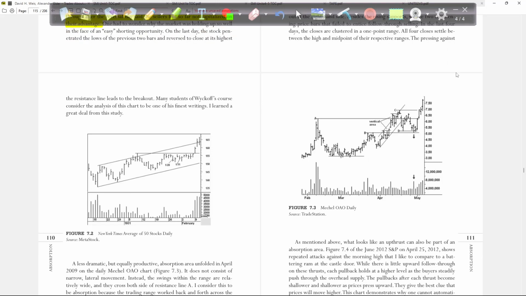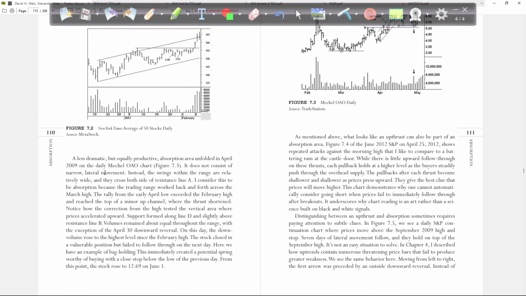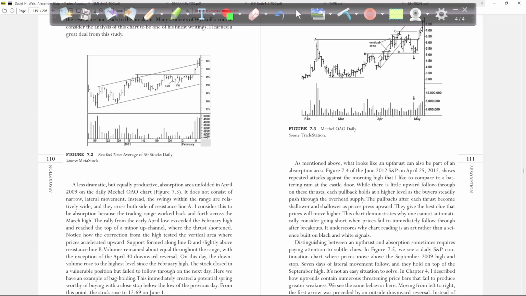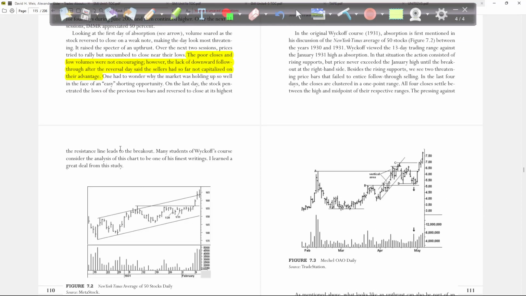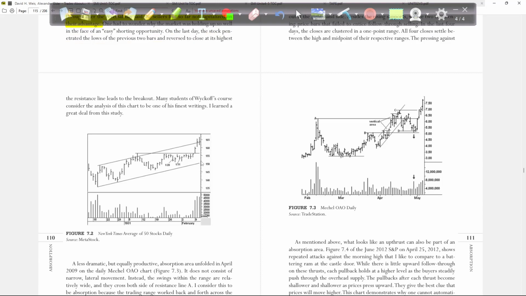The pressing against the resistance line leads to the breakout. Many students of Wyckoff's course consider the analysis of this chart to be one of his finest writings. I learned a great deal from this study.